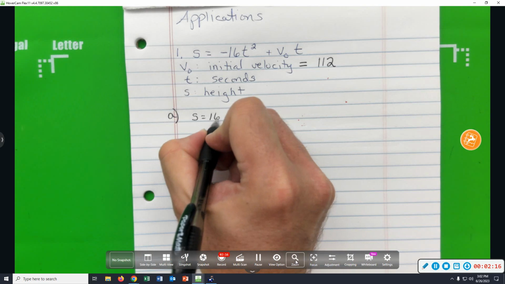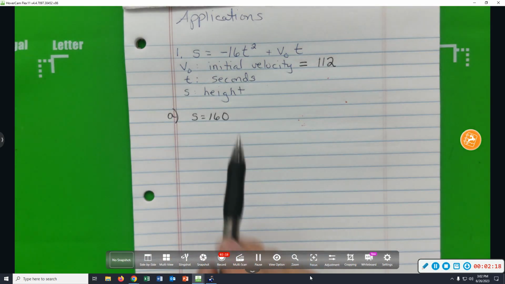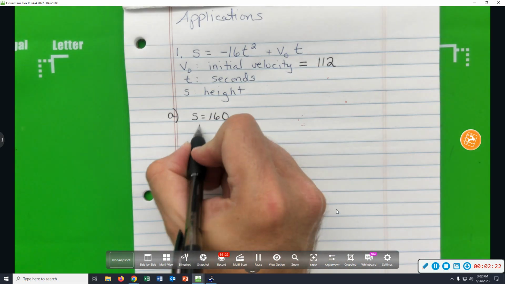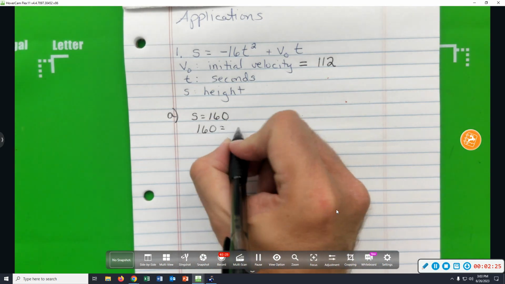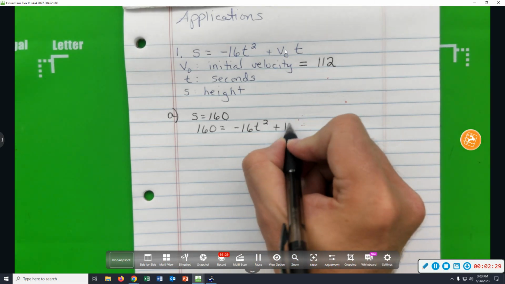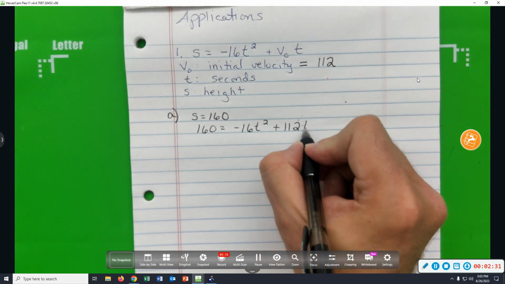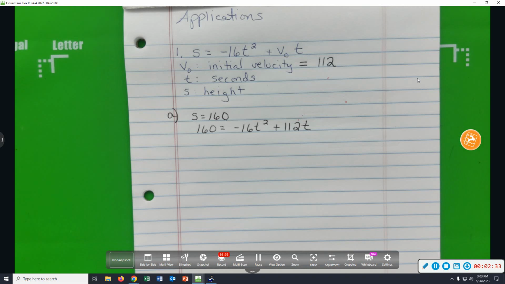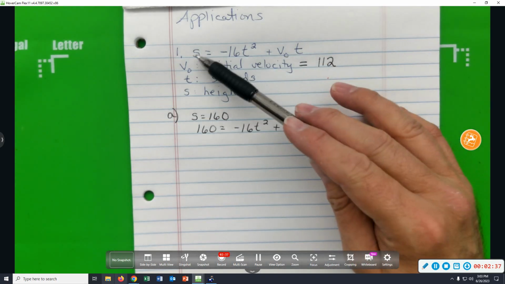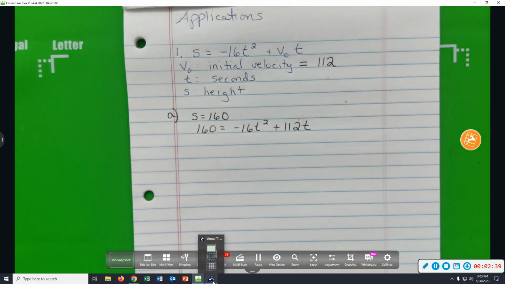Let's switch back to the paper. So we're going to plug 160 in for s. And we have this equation to solve. Remember, v0 becomes 112. Okay, I've replaced the v0 with 112 and the height s with 160.